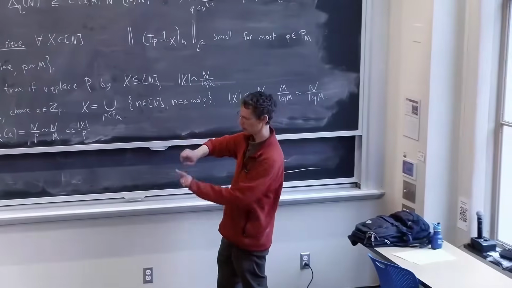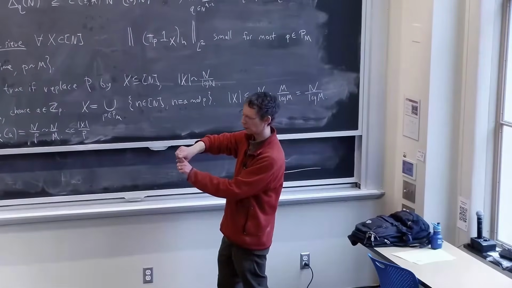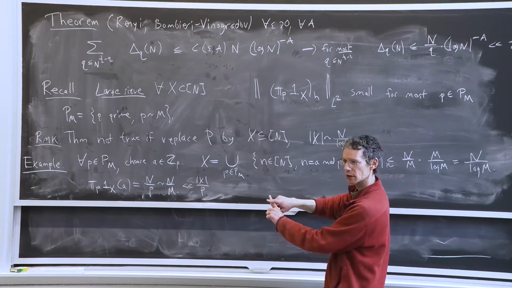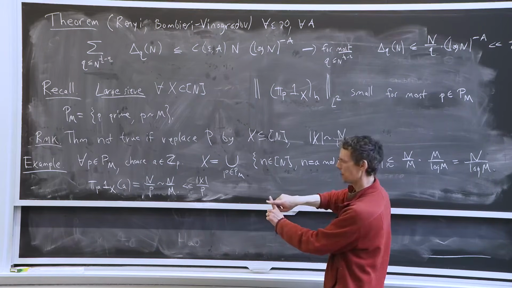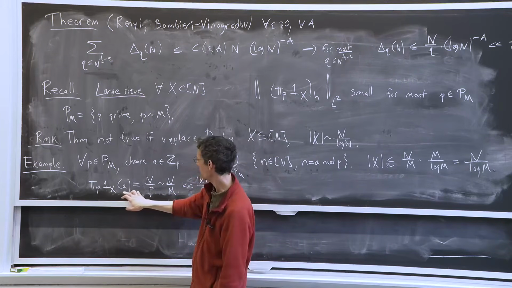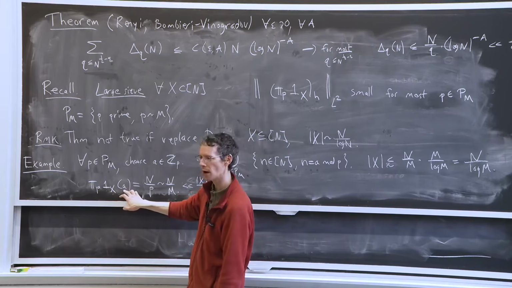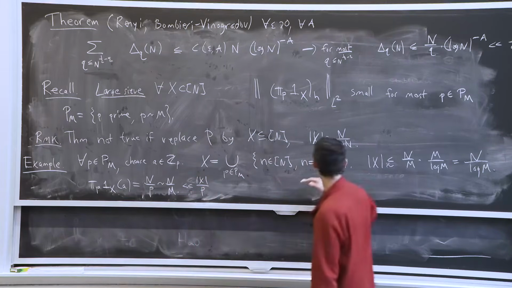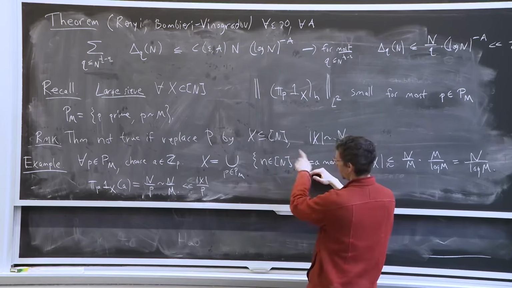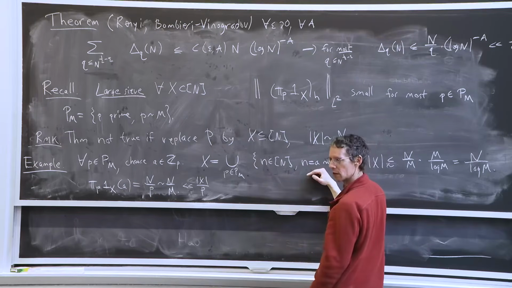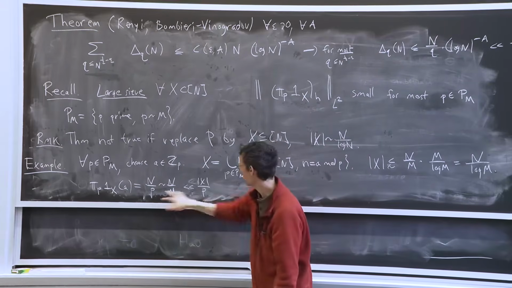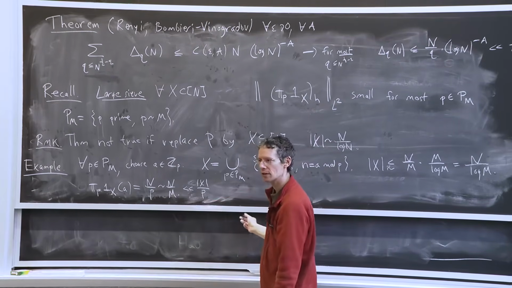So these arithmetic progressions might overlap. But if they do, the point where they overlap in this formulation only counts once, although that is not super important. But if you look at pi p of 1x of a, that's how many elements of x are congruent to a mod p. And so all of them are already. And some of the other p might also contain some of these elements, but it doesn't count anymore. Oh, okay. Although if it did count anymore, it would just make this phenomenon even more extreme than it already is.